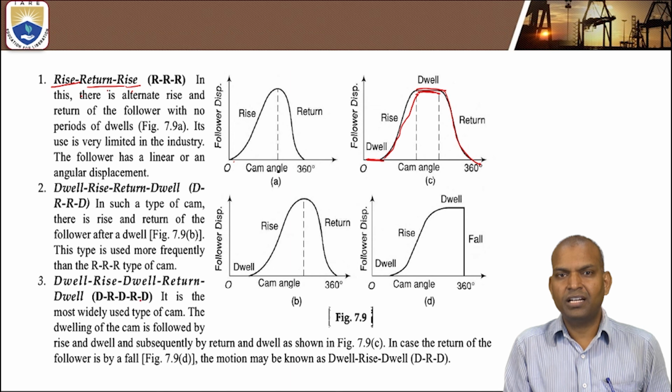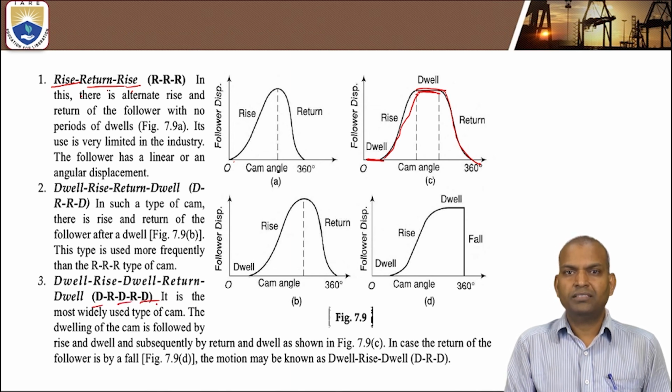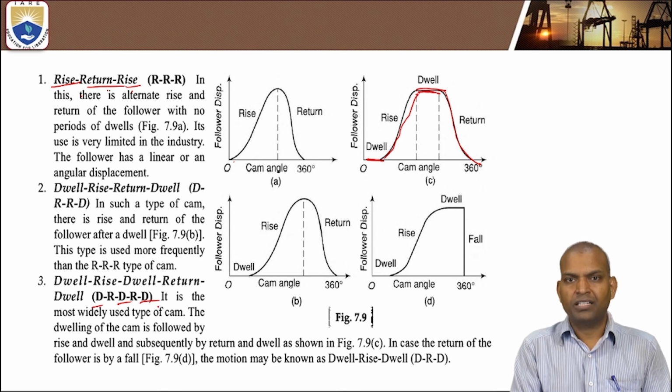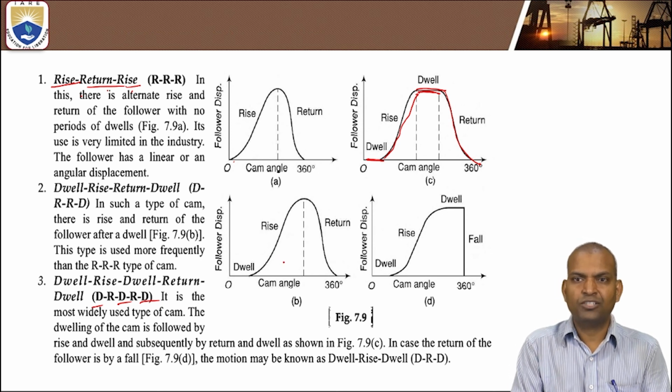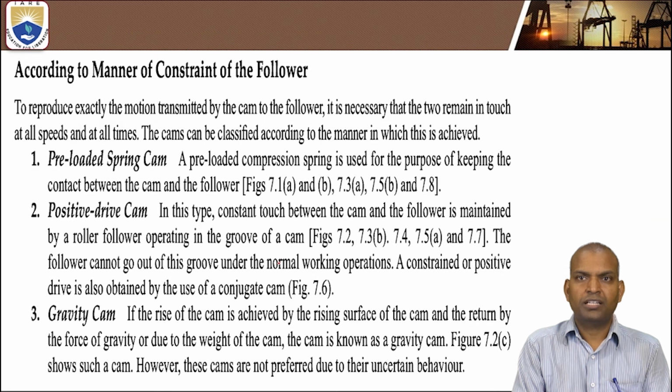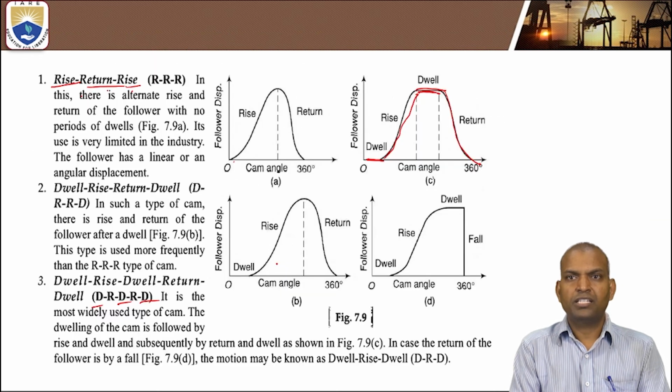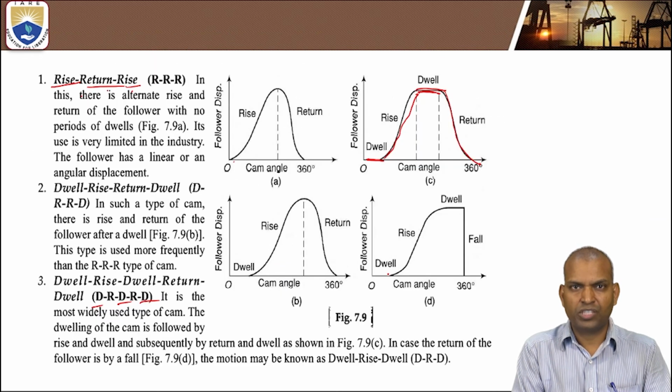In the third category, DRD, 3 dwells are there. So the first has 0 dwell, the second has 2 dwells, and the third has 3 dwells. Thus, that is what dwelling is, as I told you. Okay, those are the 2 classifications we have studied in this class.